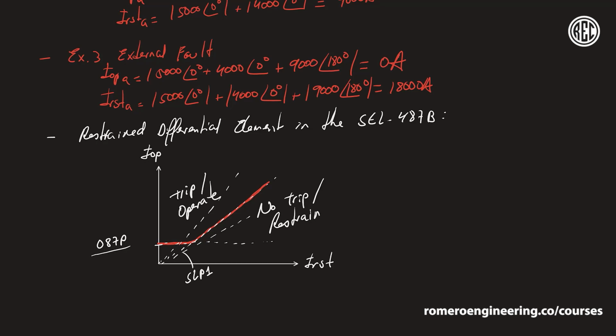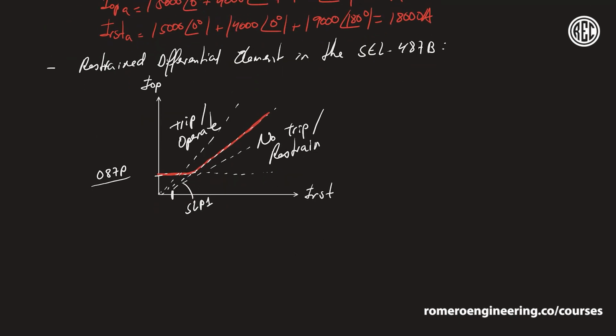So again, notice here that during heavy loads and during faults, the restraining current is higher. What this does is it causes the necessary operating current to declare a trip higher than when the restraining current is low, again, because of the slope setting. So in other words, what I'm saying here is that, let's say for example, that you calculated the restraining current to be somewhere around here. Let me actually move this up a little bit.